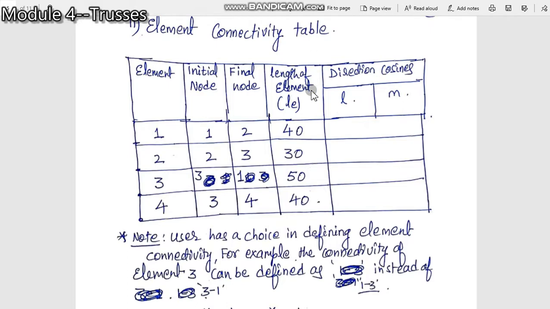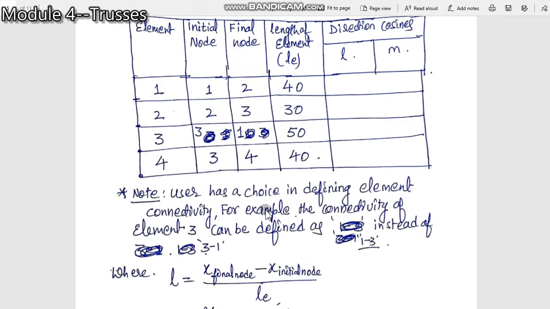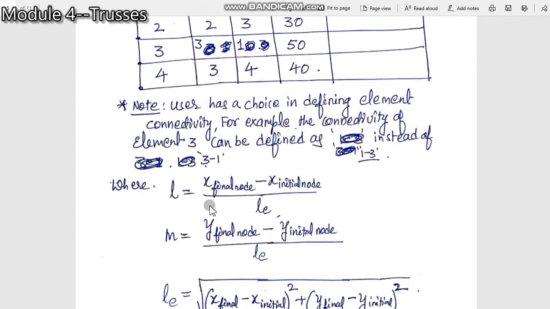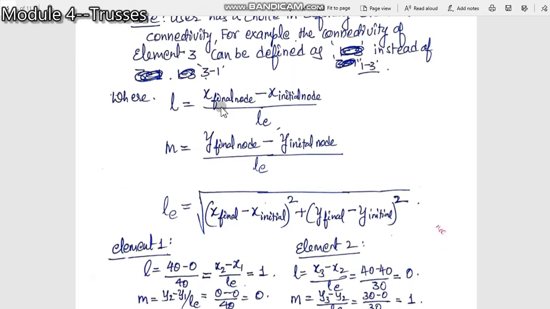This is the element connectivity table, and we need to find out L and M. The definitions are given. L is the x of the final node minus the x of the initial node, divided by LE, and similarly for M with y, and the formula for LE is also known.